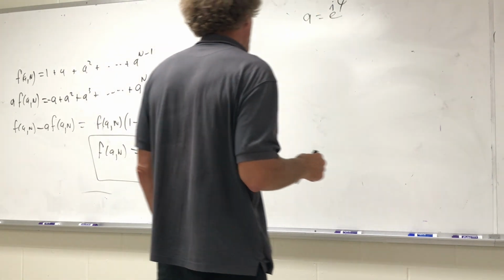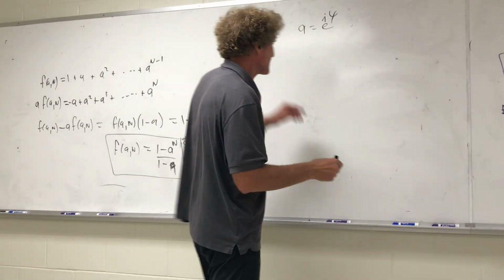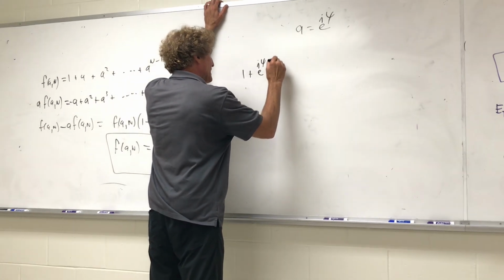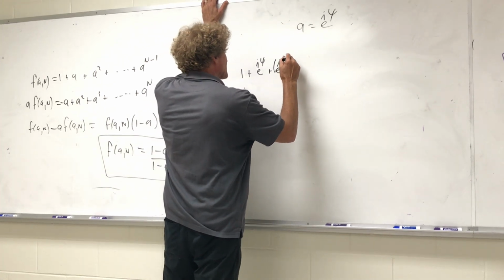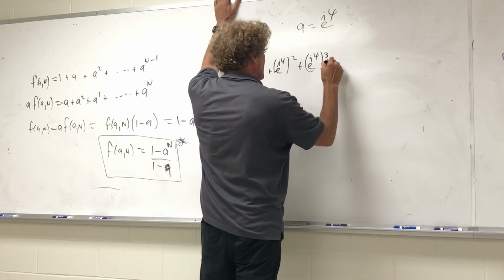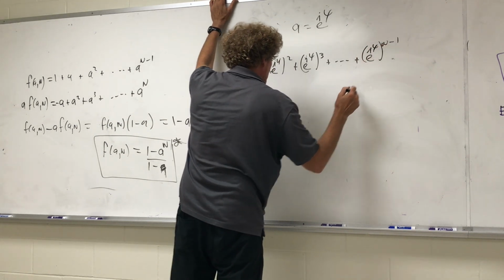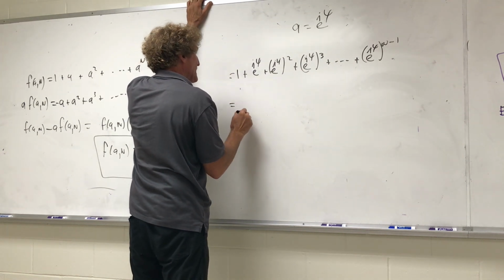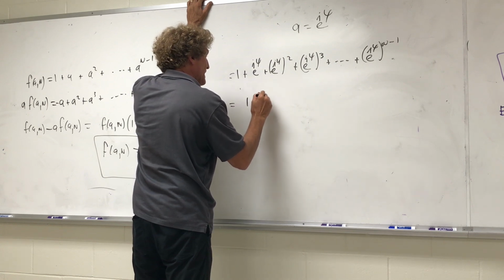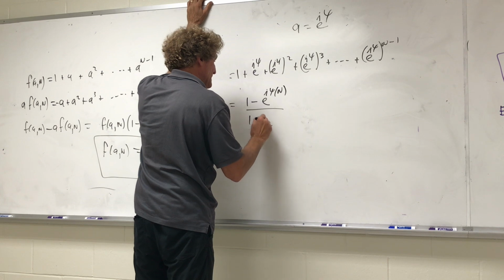So this entire series, 1 plus e to the j psi plus e to the j psi squared plus e to the j psi cubed, plus and so on, plus e to the j psi to the n minus 1, condenses down to 1 minus e to the j psi to the n, divided by 1 minus e to the j psi.